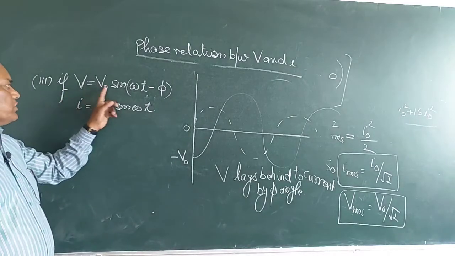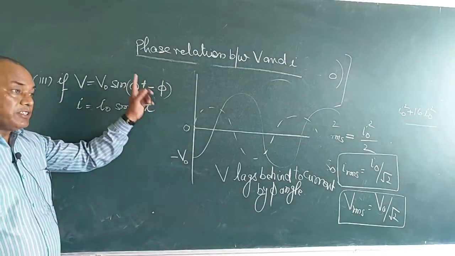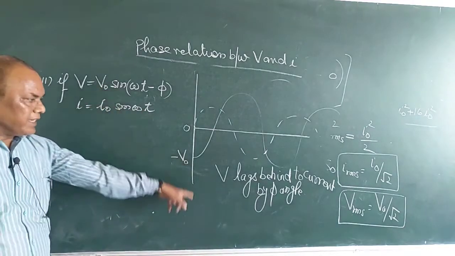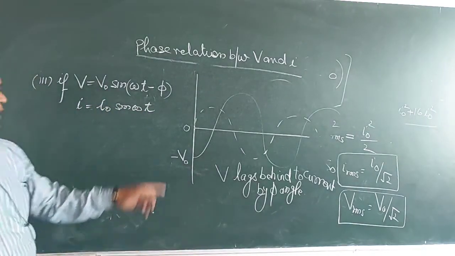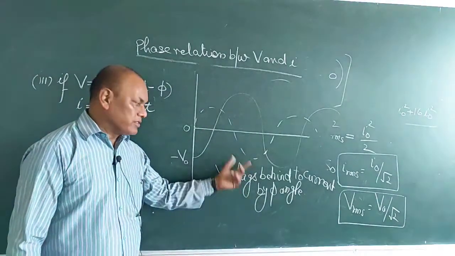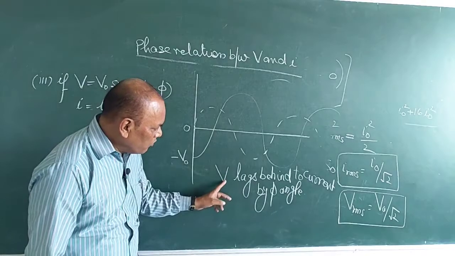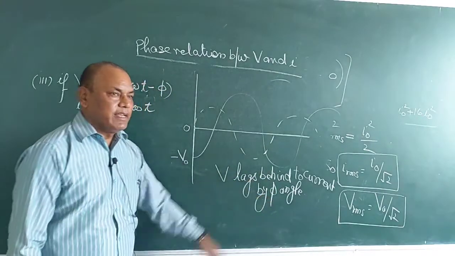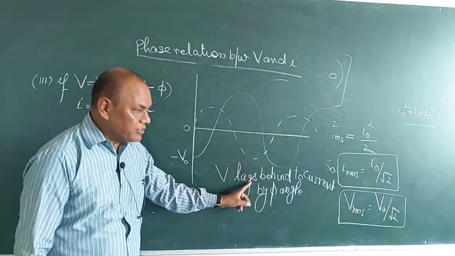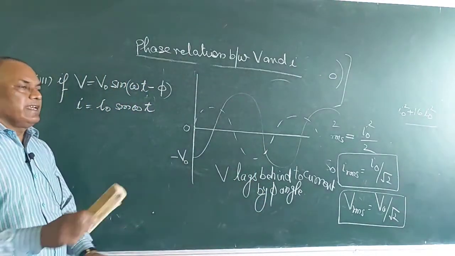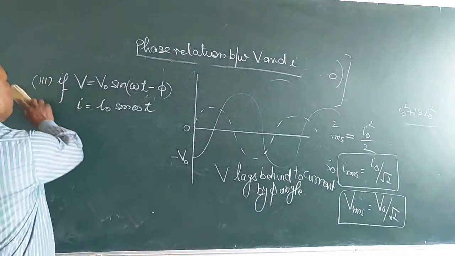But in this case, V equals V0 sin(omega t minus phi) and I equals I0 sin omega t, voltage lags behind the current by phi angle. This can be said in other words: if voltage lags behind current by phi angle, then current leads voltage by phi angle.